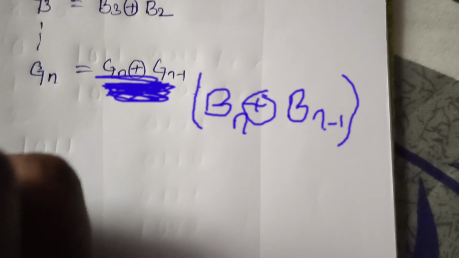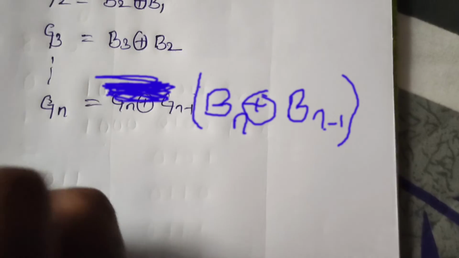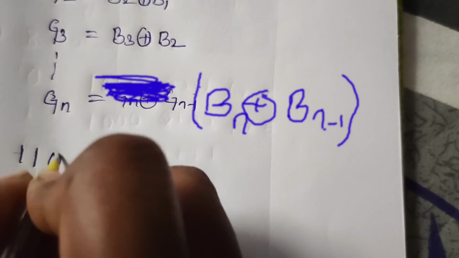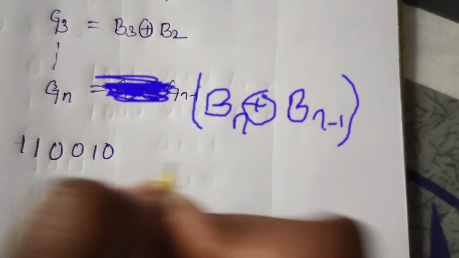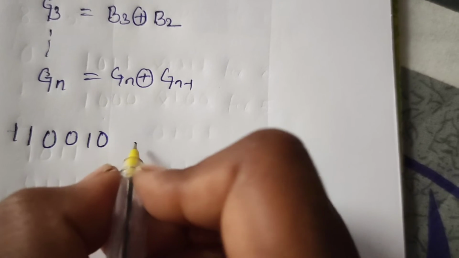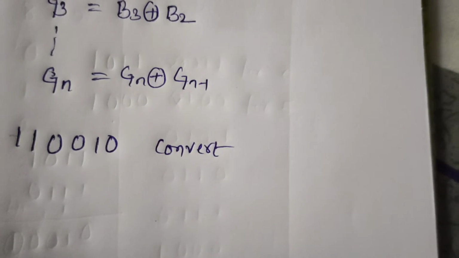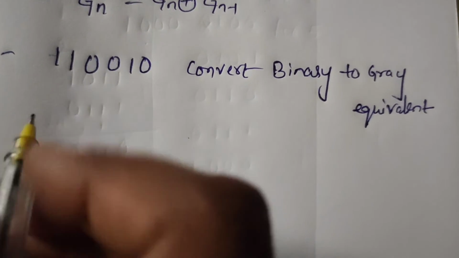Let us take an example of 6-bit length: 1 1 0 0 1 0. This is a binary number. Convert this binary to gray. It is of 6-bit length.